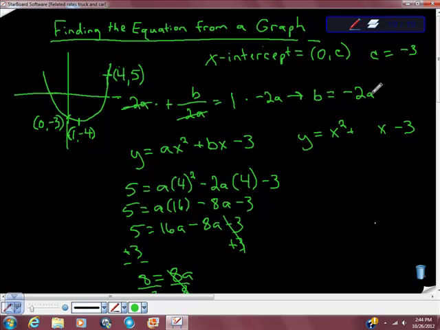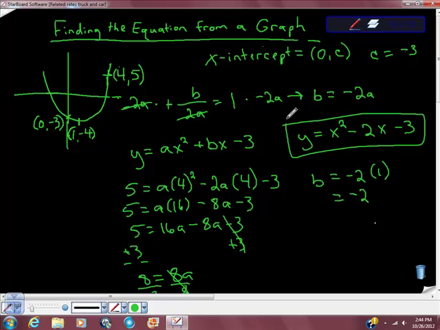I know a equals 1. So let me bring this down here. b equals -2a, and a is 1. So that means -2 times 1, b has to equal -2. So this equation is going to be y equals x squared minus 2x minus 3. And that is the equation for this graph.